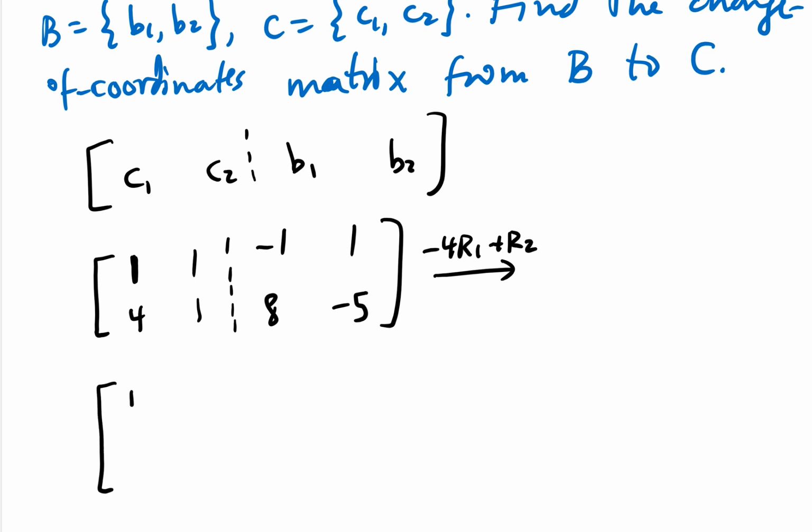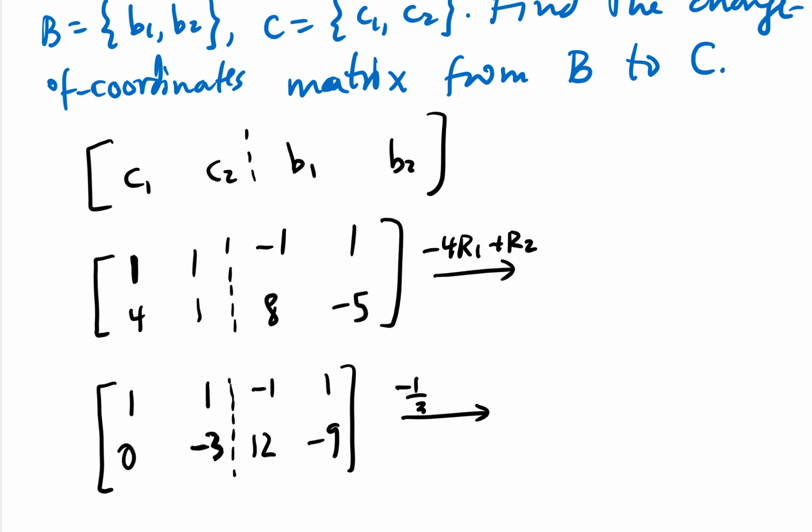Let's see what we get. 1, 1, negative 1, 1. That's a 0. Negative 3. That's a 4 plus that, 12. Negative 9. Right? So I cleaned the first column. Then I'm going to make this number negative 3 become 1.